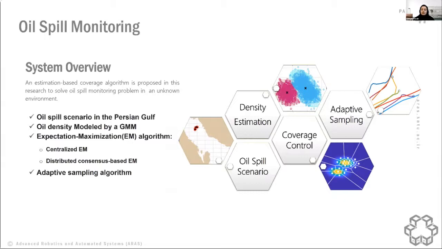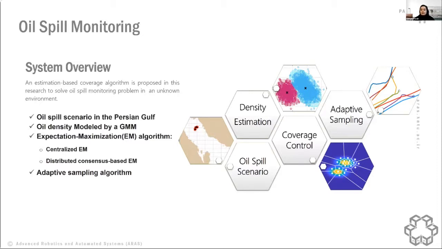In this work, a Gaussian mixture model based density function is employed to model the unknown environment, and then the expectation maximization algorithm is utilized to approximate the unknown Gaussian mixture parameters. By this means, the learned oil density function is used to construct the coverage control law.